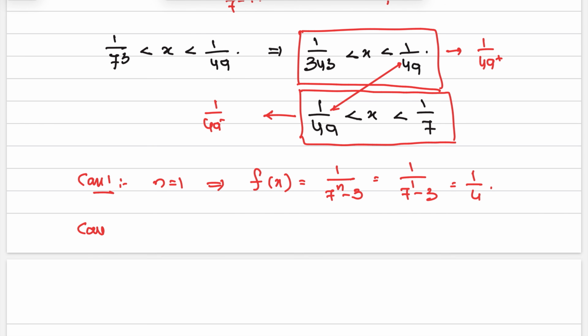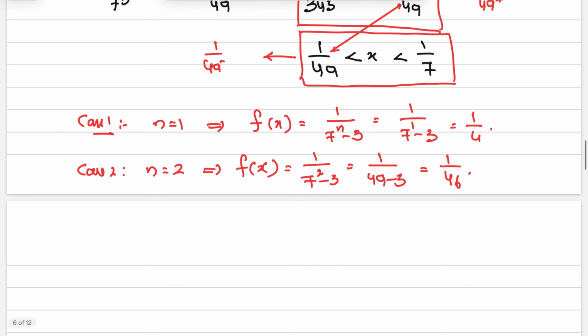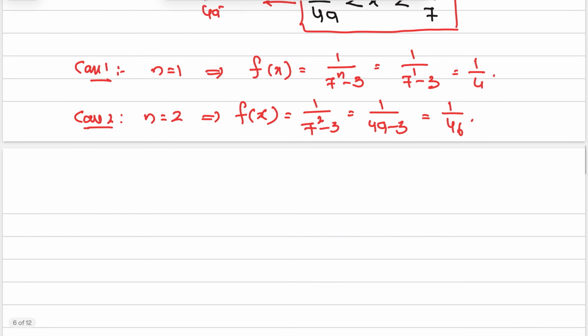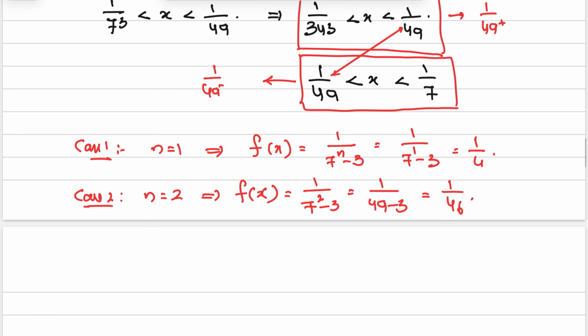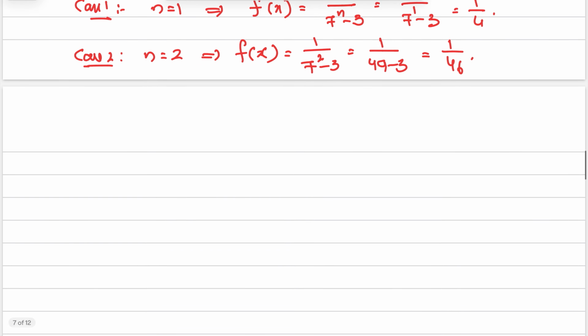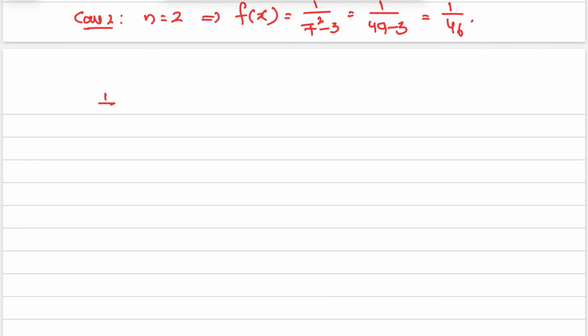What is the case 2 value? N is equal to 2, that implies function x is equal to 1 by 7 square minus 3, that is equal to 1 by 49 minus 3, that is equal to 1 by 46. That means, 1 by 49 less than x less than 1 by 7 implies function x is equal to 1 by 46.